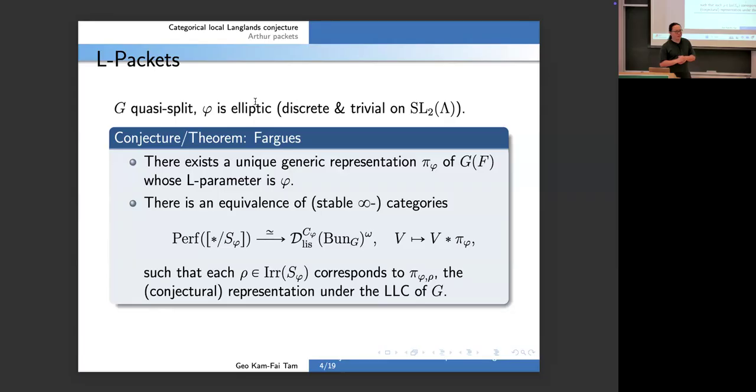And for classical groups, there are some very new papers from some students. I forgot their names, but some people are working on particular examples of these. So in some instances this is a theorem, but in general this is still a conjecture.